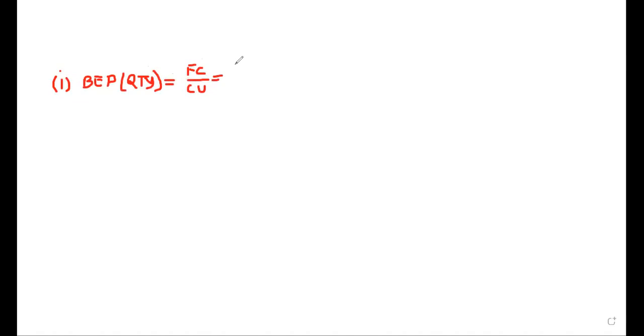So we know that the figure which we calculated for fixed cost is 1,156,800 divided by contribution per unit. We also calculated that as 2,240.